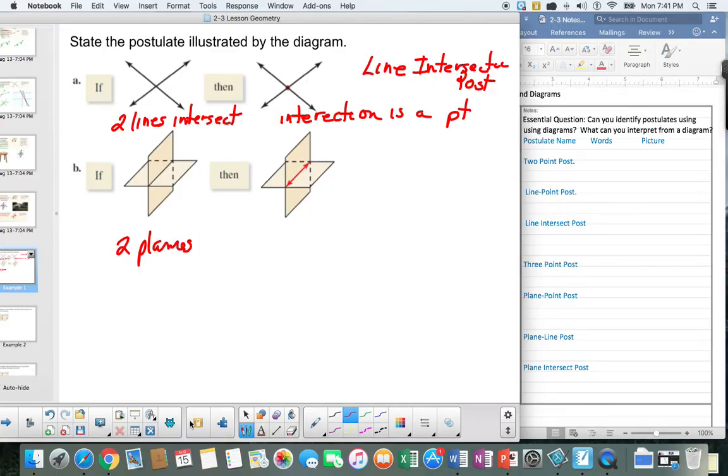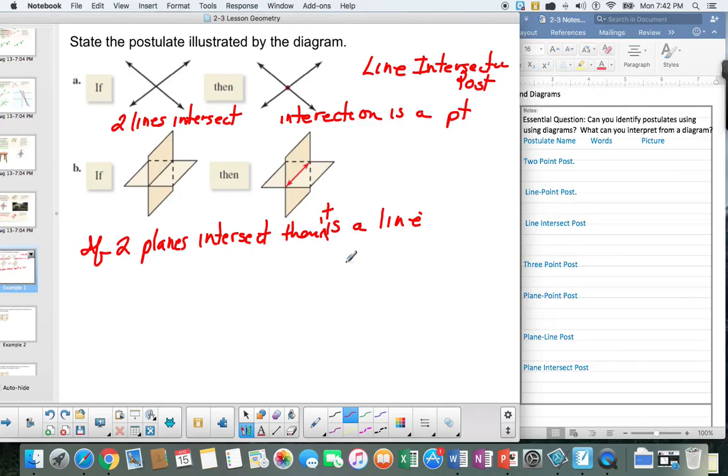Oops, not spelling right. Two planes intersecting. If two planes intersect, then their intersection is a line.